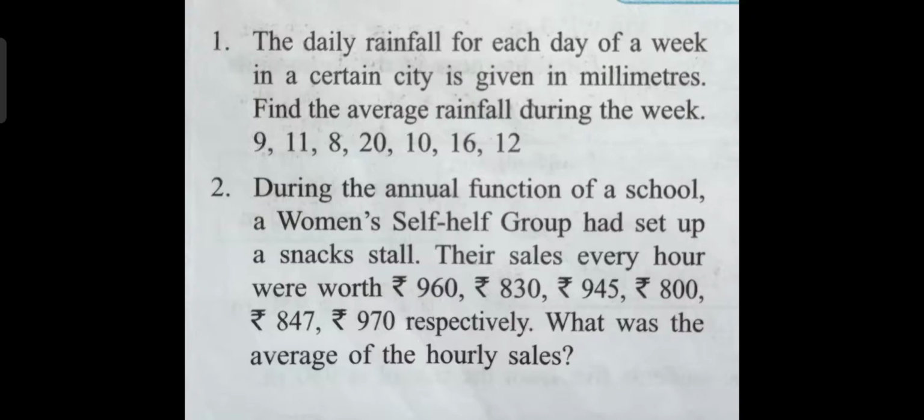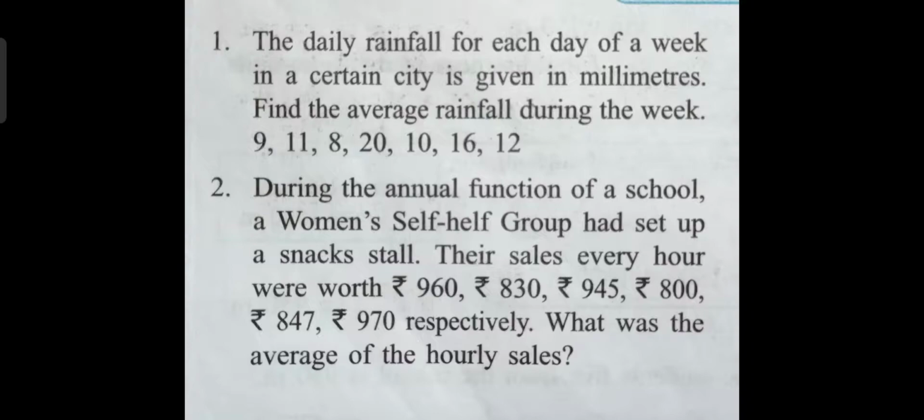It's very easy. Second one is that during the annual function of a school, a women's self-help group had set up a snack stall. Their sales every hour were worth rupees 960, rupees 830, rupees 945, rupees 800, rupees 847, rupees 970 respectively.